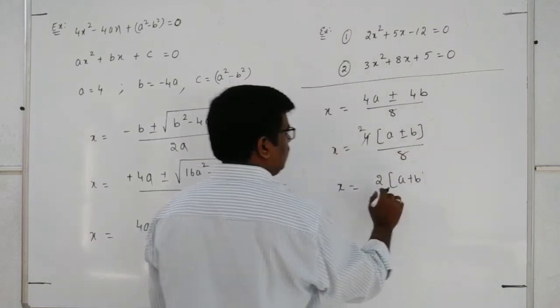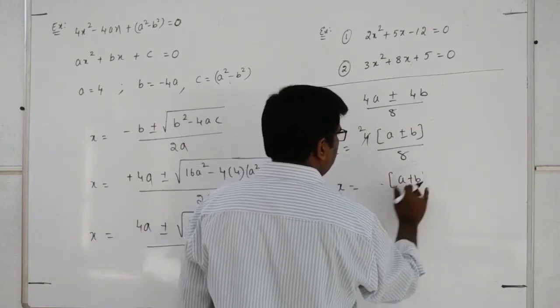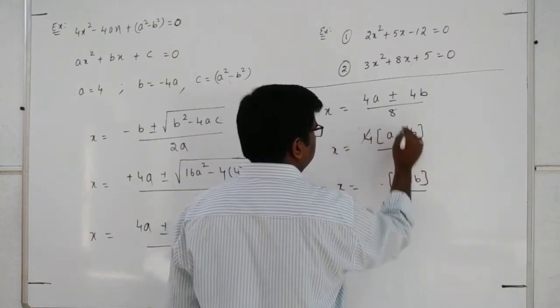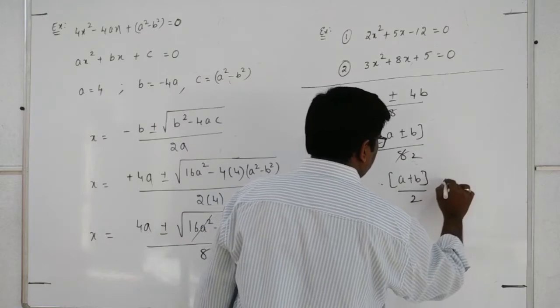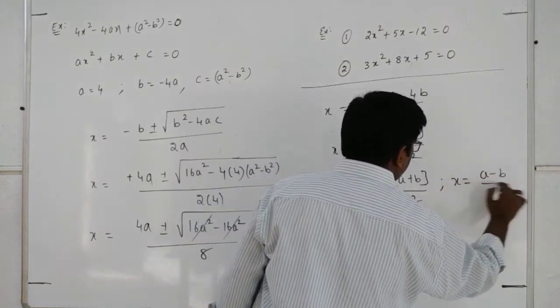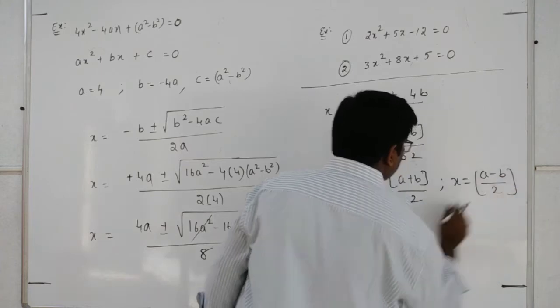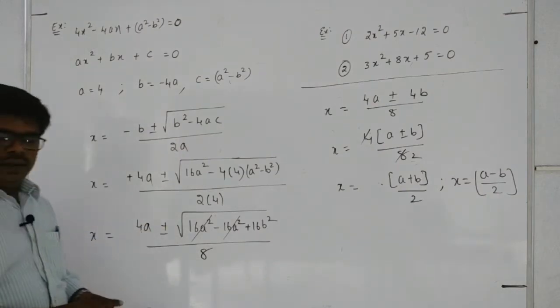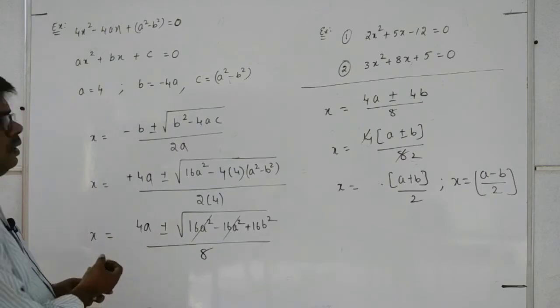So you will get 8, and if you take common, you will get a plus b by 4, here 2 times cancel. Then a plus b by 2 is one root, and x is equal to a minus b by 2 is the other root. So like this we have 2 roots, a plus b by 2 and a minus b by 2. So this is the way you can solve this one.